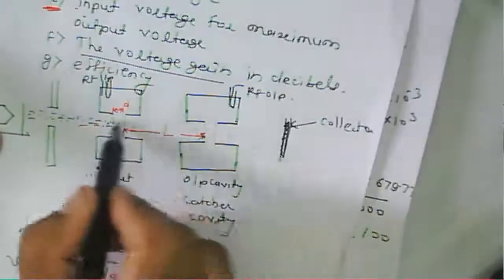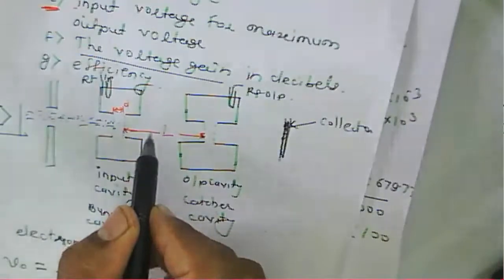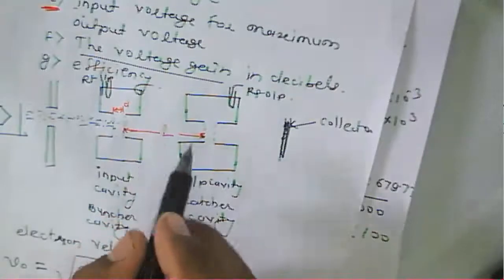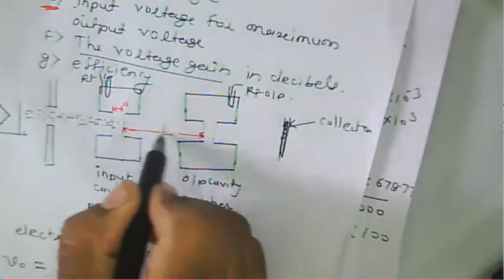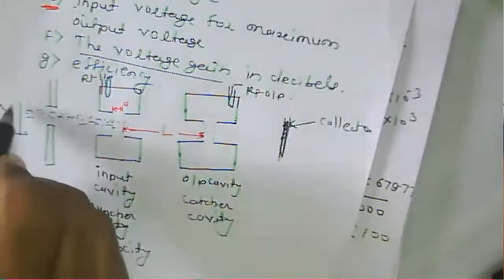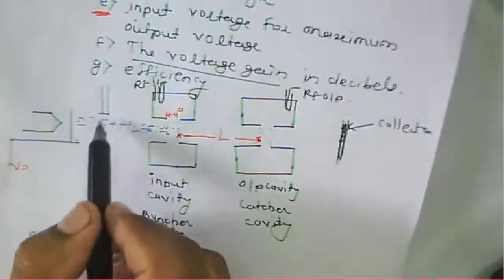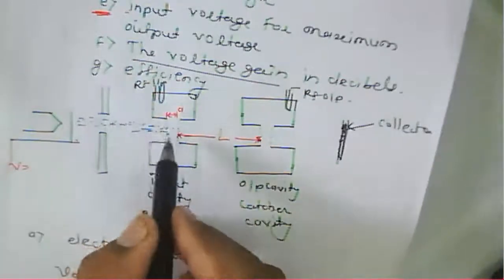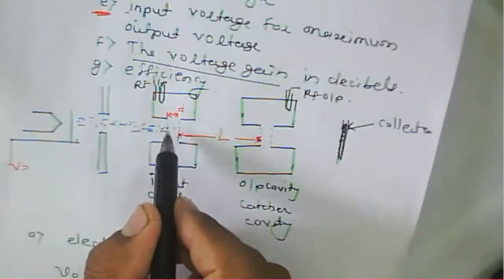In between these two cavities, the interaction takes place between the RF and the bunches of electrons. We can say that this is the RF interaction region. This is your DC beam voltage from the input side. Acceleration takes place at the accelerating anode, and the electrons move, propagating here. Then in this particular cavity gap, acceleration and deceleration of electrons takes place.